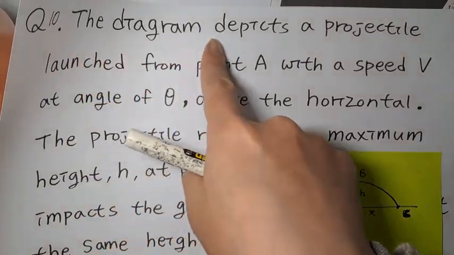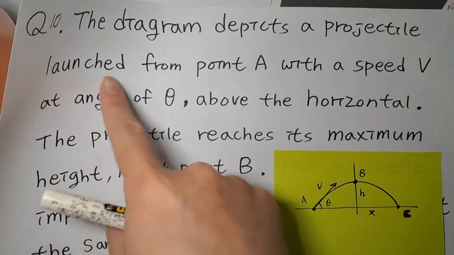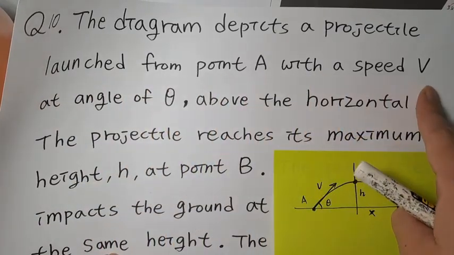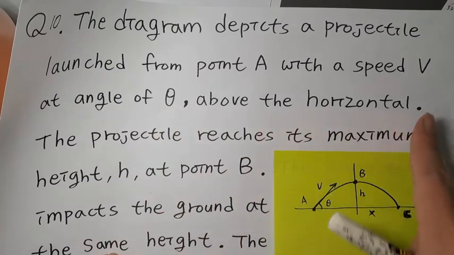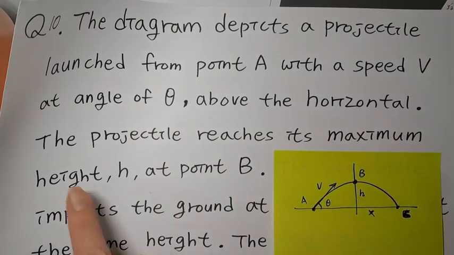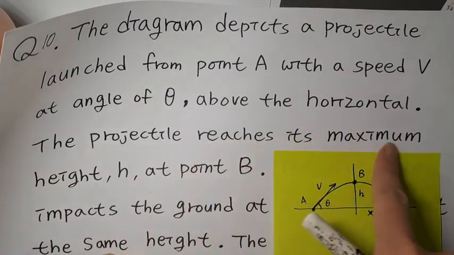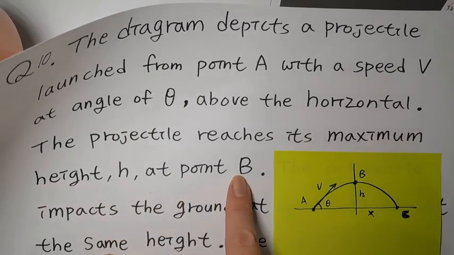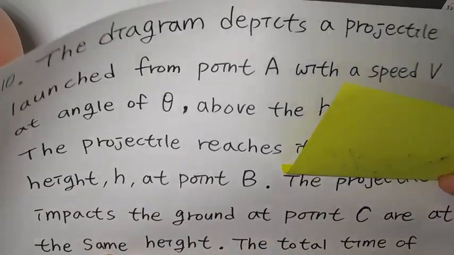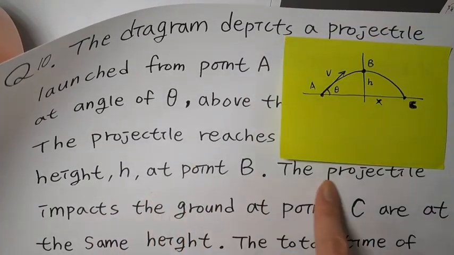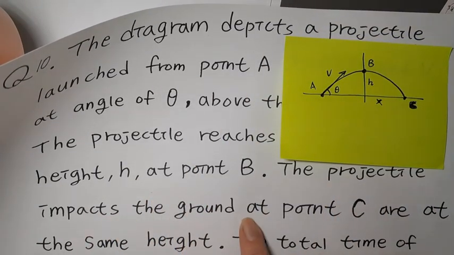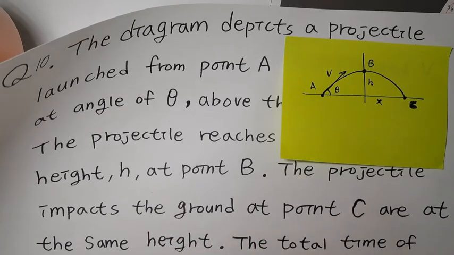The diagram depicts a projectile launched from point A with a speed v at an angle of theta above the horizontal. The projectile reaches its maximum height h at point B. The projectile impacts the ground at point C, at the same height.